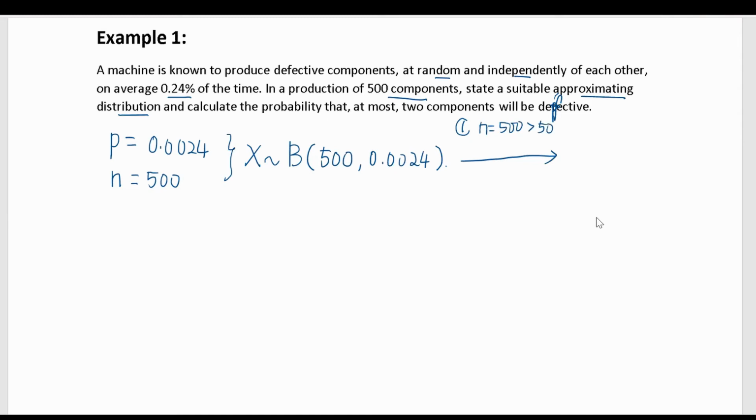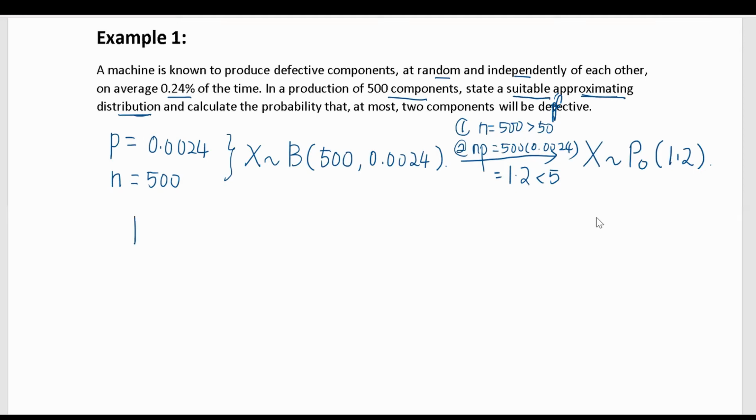And it is an extremely small probability, so we quickly calculate np. What do we get? 1.2, and 1.2 is less than 5. So that is where we get the suitable approximation to be the Poisson approximation, and lambda, the mean, is 1.2. That is the suitable approximating distribution.